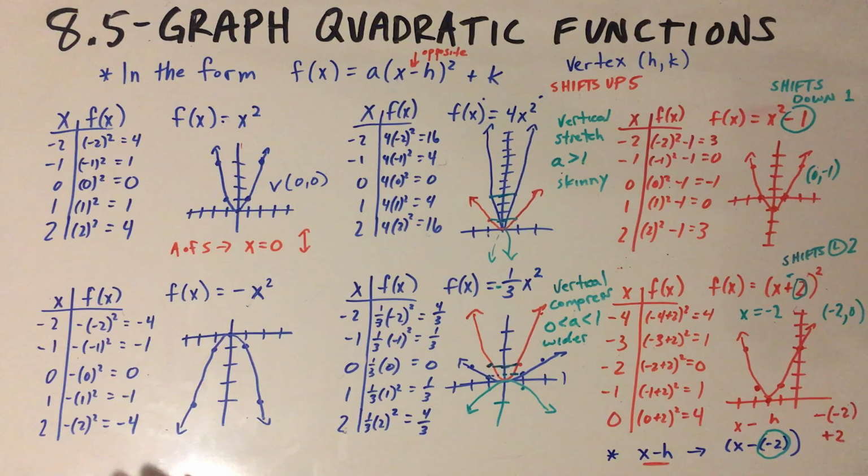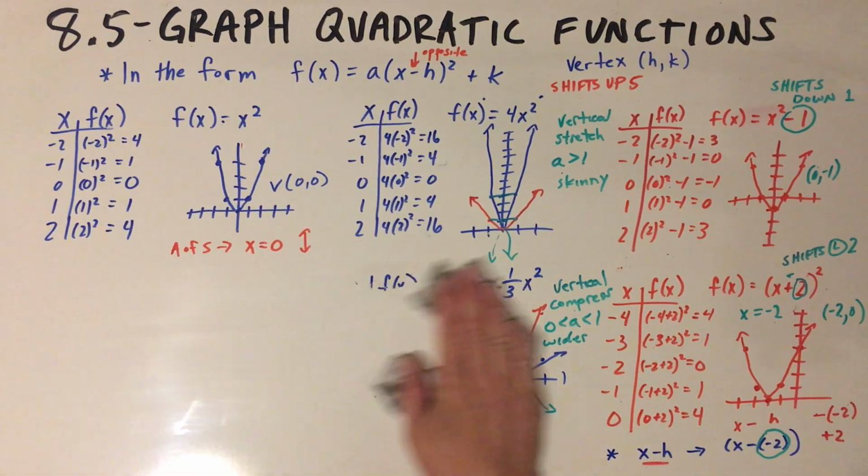So that is everything you need to know about how to graph these functions. But you also need to know how to put all of these shifts together. So I want to just do one more problem where we have multiple things happening and have you see how to graph that. So I'm going to leave this regular parabola here just so we can make a comparison.